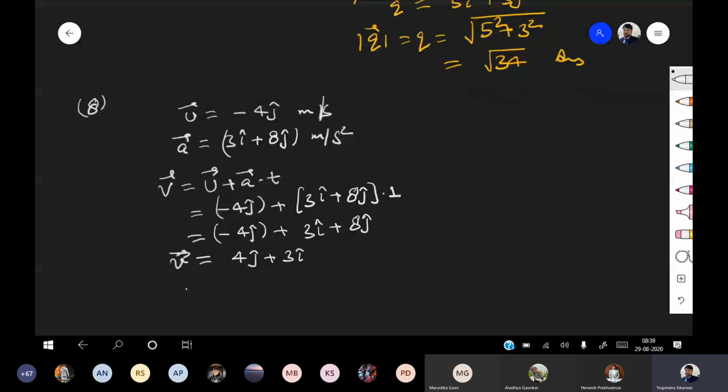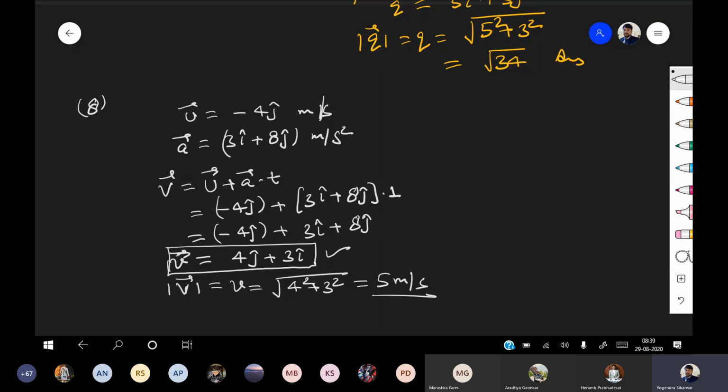Because it is asking for the velocity, this is the velocity, actually, vector. So if the answer is given in vector form, then this is the answer. If you need to find its magnitude, that will be under the root of 4 square plus 3 square, and that will be 5 meters per second.